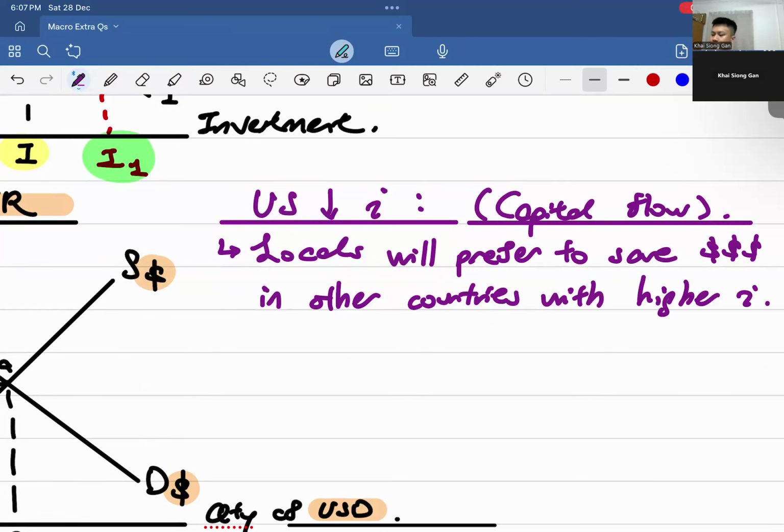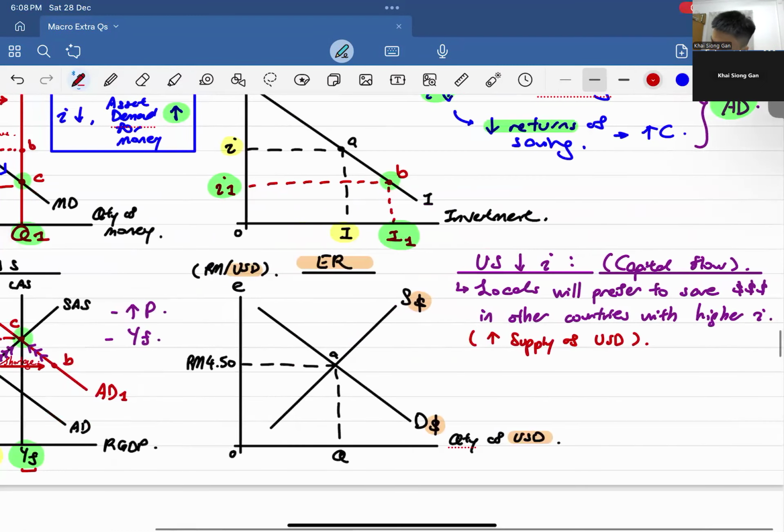This will result in a higher supply of US dollars. Increase in the supply of US dollars. So I can draw that. Now go to point B over here already, with the increase in supply of US dollars.